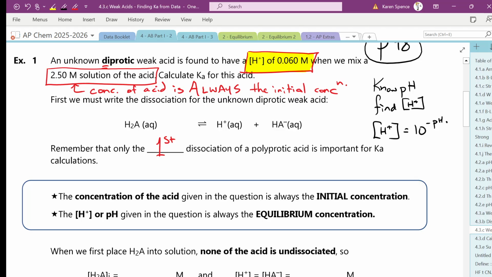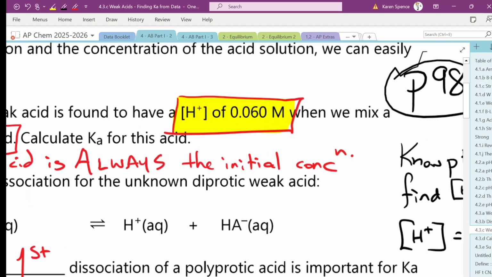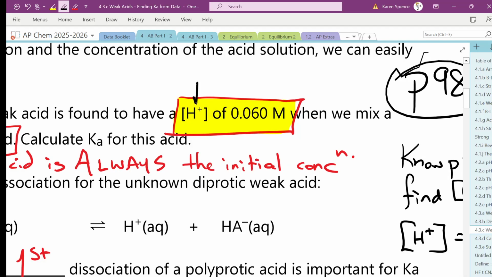Whenever we give you the hydrogen ion concentration, is that the initial concentration or the equilibrium concentration? Always equilibrium, because what is the initial concentration? Always 0. Okay, so that's the equilibrium concentration of hydrogen.